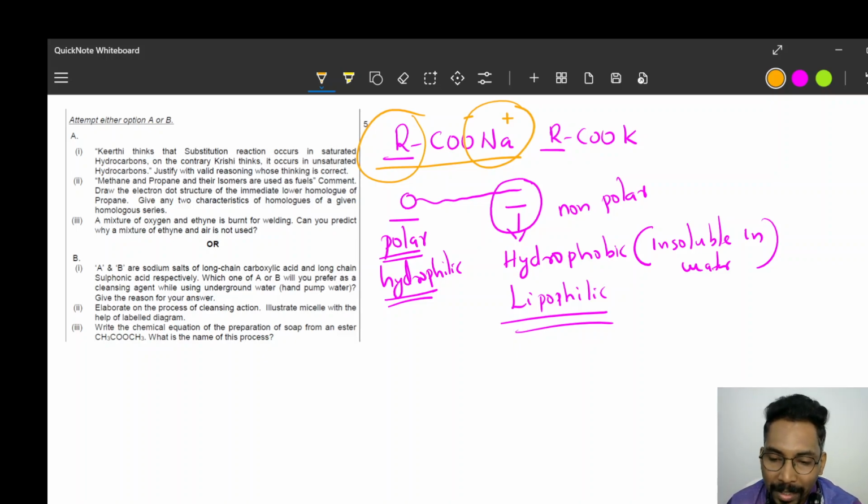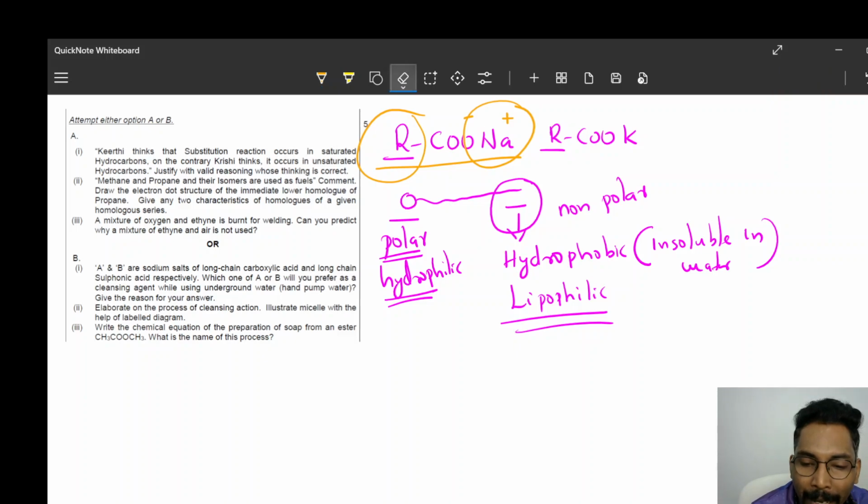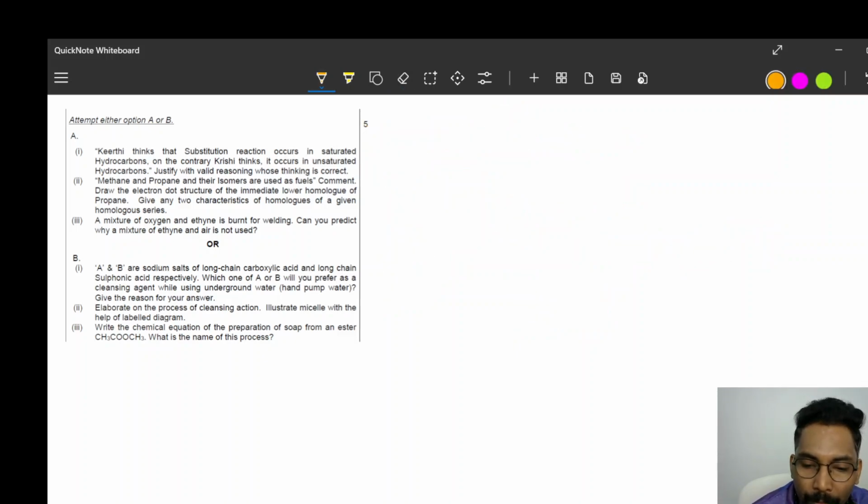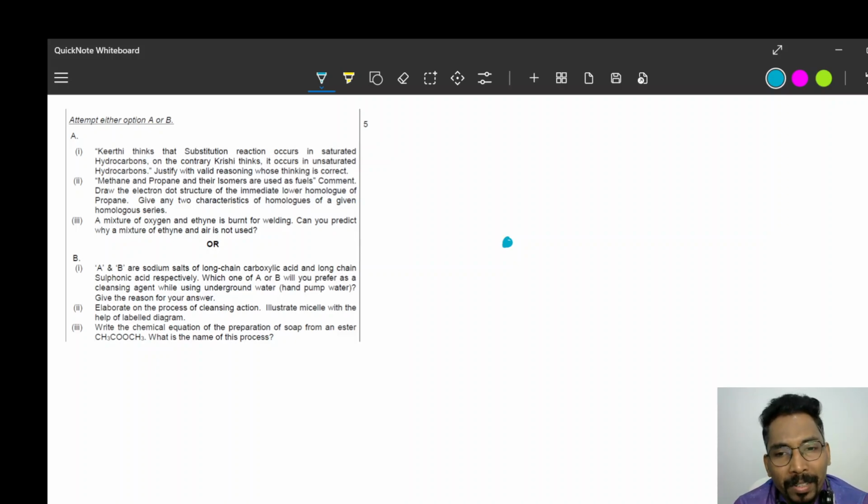Now I'll tell you how this cleaning action is done by soap molecules. First of all, the dirt particle in our cloth is considered to have a greasy or oily texture.